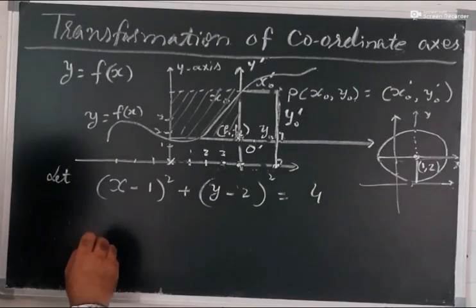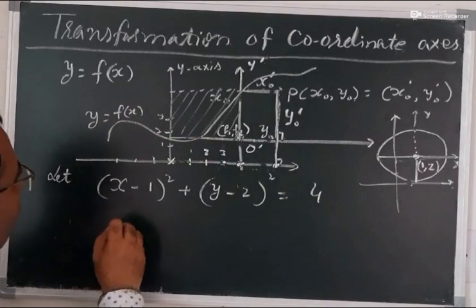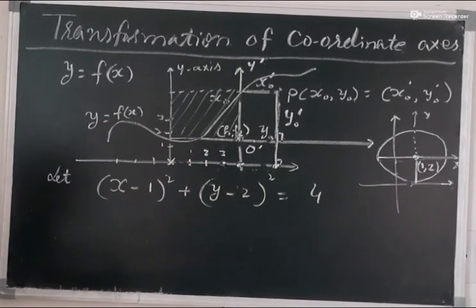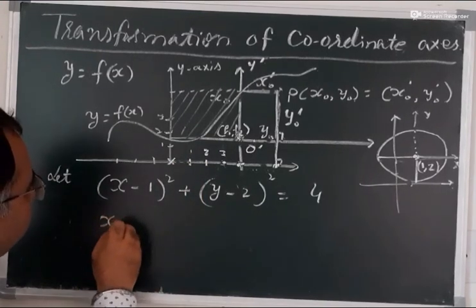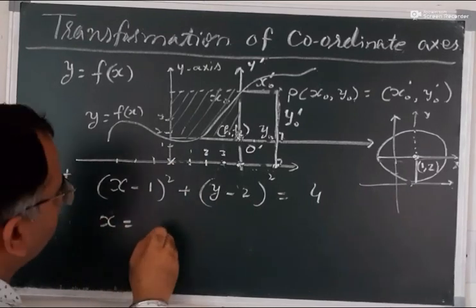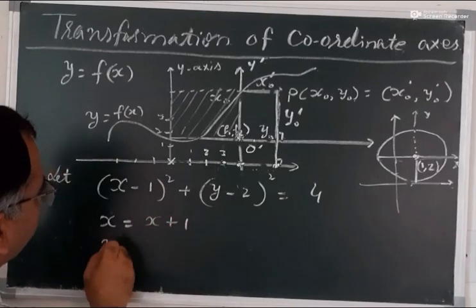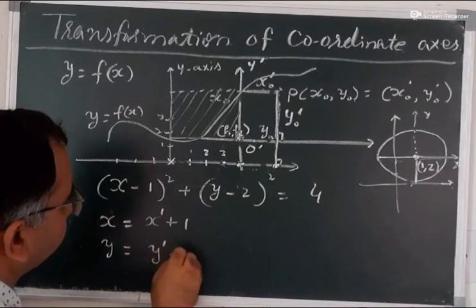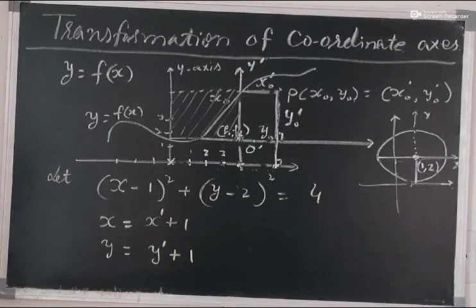We have this relation. If we shift the origin to the point (h, k), the new coordinates (x0 dash, y0 dash) and old coordinates (x0, y0) have this relation. So x equals x dash plus 1, and y equals y dash plus 2.